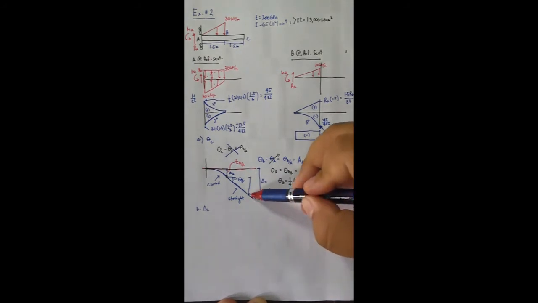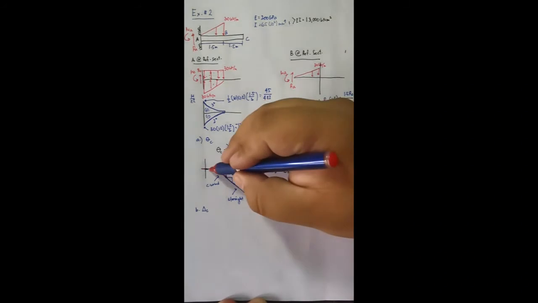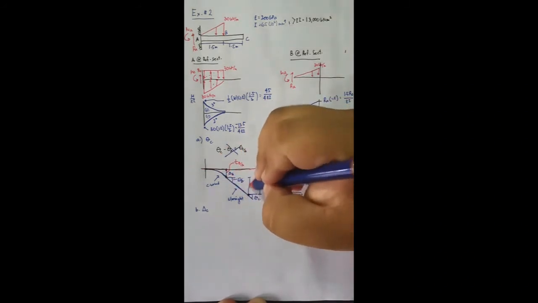Kasi final position naman to ni C, ito naman ay tangent line at A. That is because this is not a curve. So, ganyan pinag-usapan natin sa case 2. So, kaya kailangan natin kuhanin muna yung delta B, then add this distance.